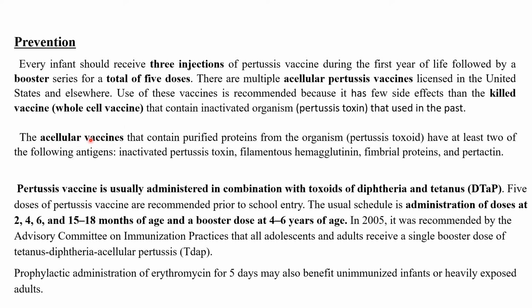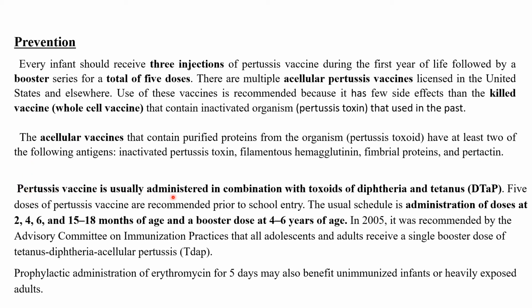The acellular vaccine contains purified protein from the organism, pertussis toxoid, not toxin as was used in the past, and has at least two of the following antigens: inactivated pertussis toxin, filamentous hemagglutinin, or fimbrial protein and pertactin.